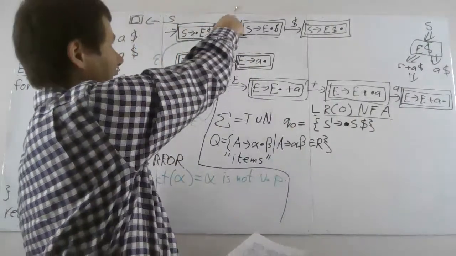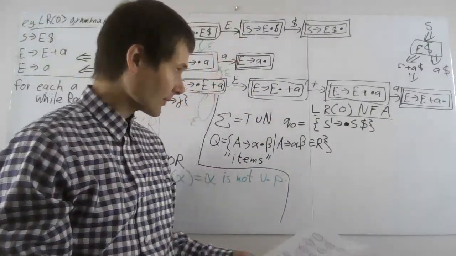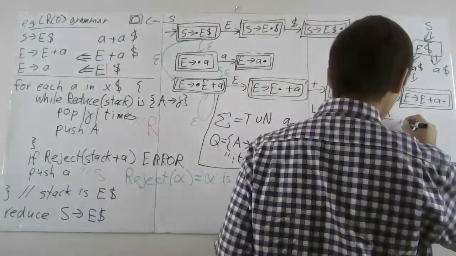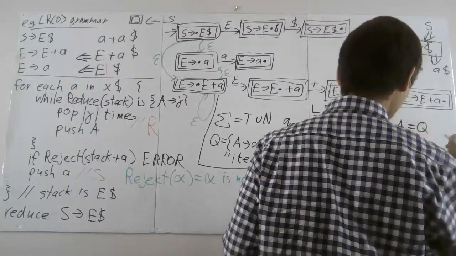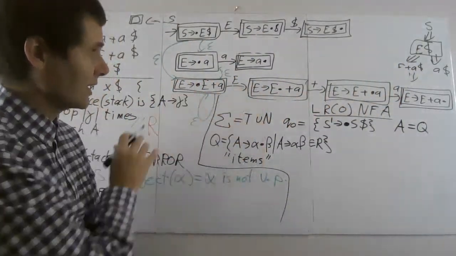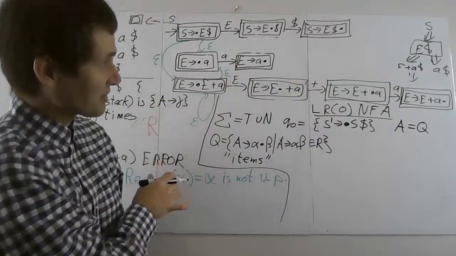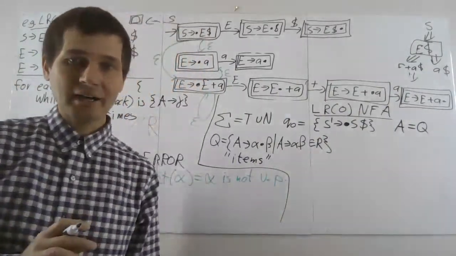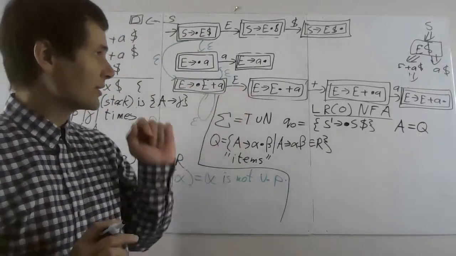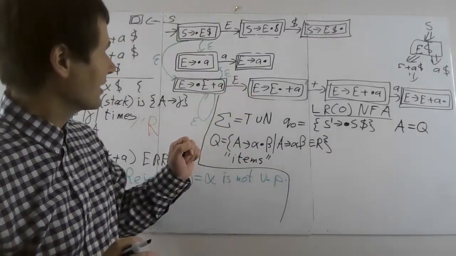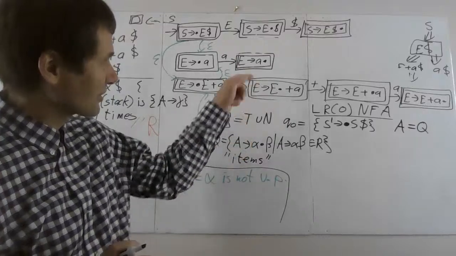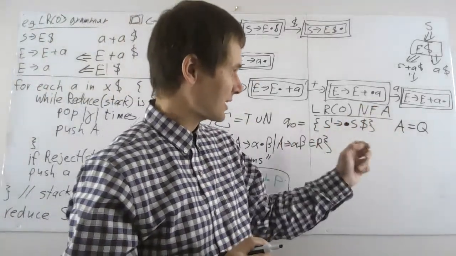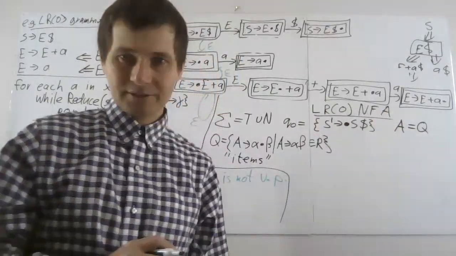Okay, that's where my NFA starts. Accepting states. So all the states are accepting states. So A equals Q. So the accepting states of this NFA, you see double borders everywhere. This is the last time that I'm going to draw them as double borders because it's just annoying to draw them as double. But for all of these NFAs and DFAs that we're going to see, all the states are going to be accepting states.